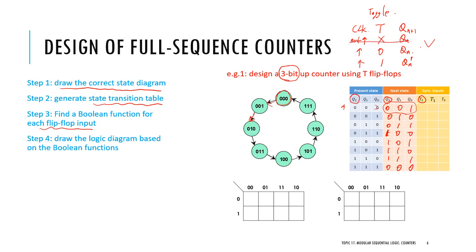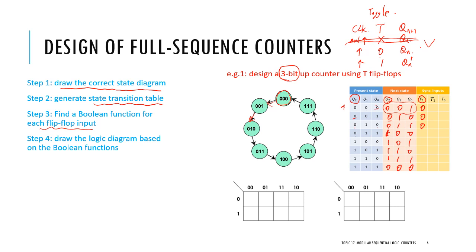So we don't actually need that, because here for the table we need the flip-flop to work. Okay, so 0, 0 means no change, which means T needs to be 0. And 0, 0, so T2 also 0, 0, 0, 0, 0, 1.